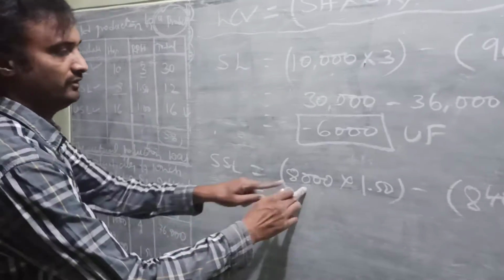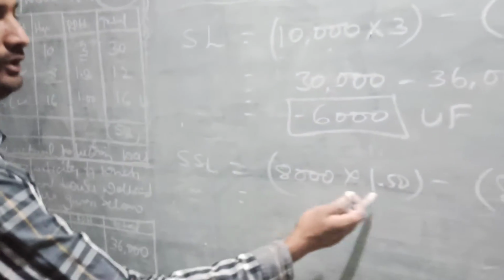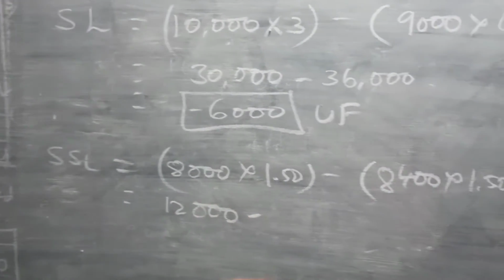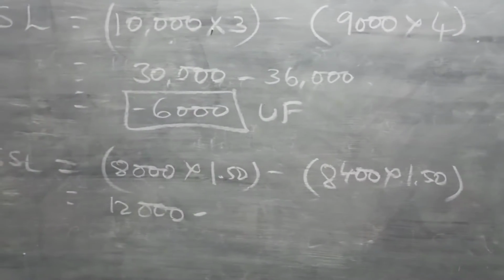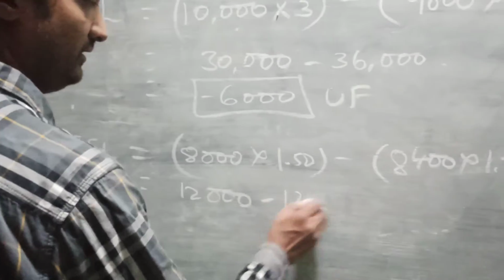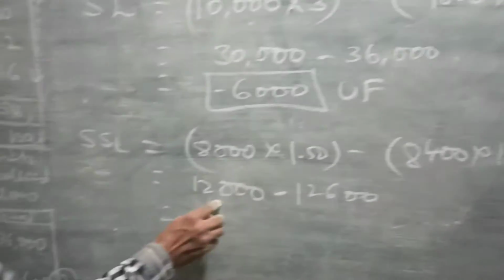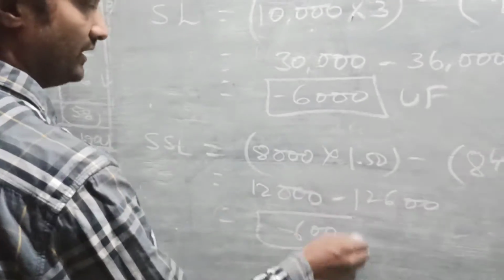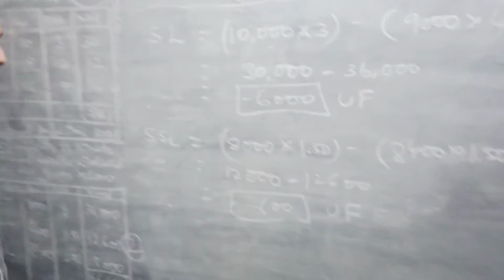Therefore multiply 8,000 into 1 rupee 50 paisa: 8 into 1,000 is 8,000, and one and a half times that is 12,000, minus 8,400 into 1 rupee 50 paisa. In the problem itself he has given 12,600. Therefore 12,000 minus 12,600 is minus 600, that is unfavorable.